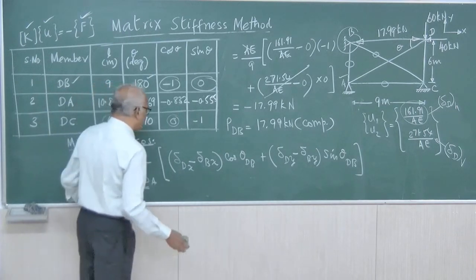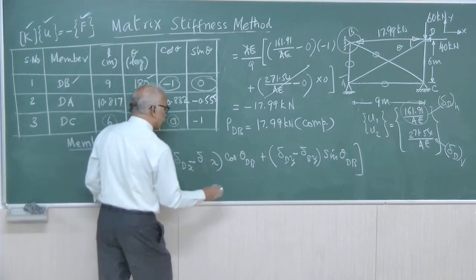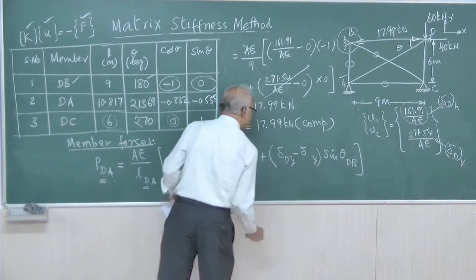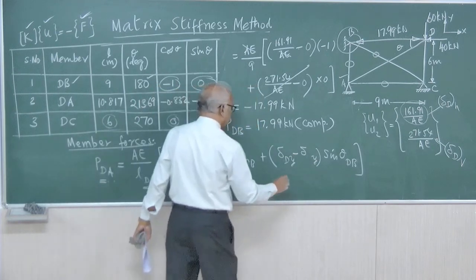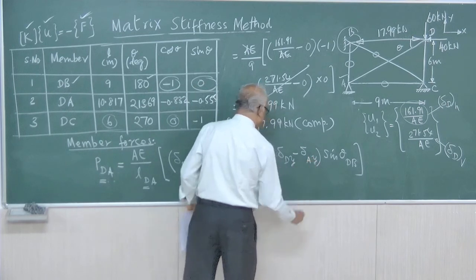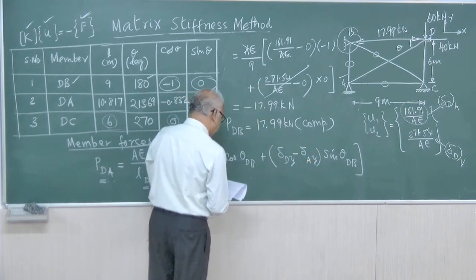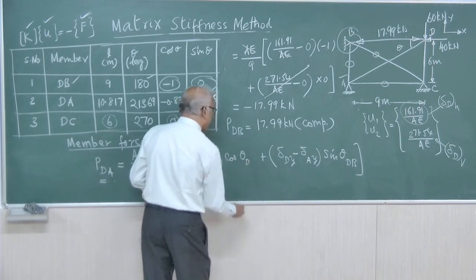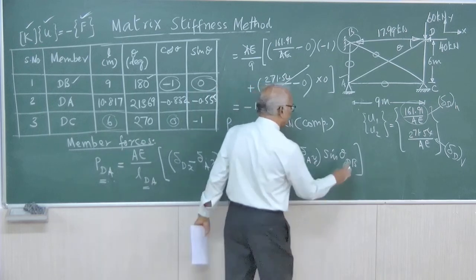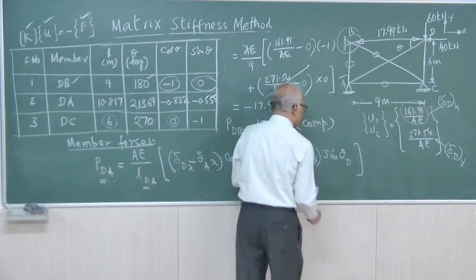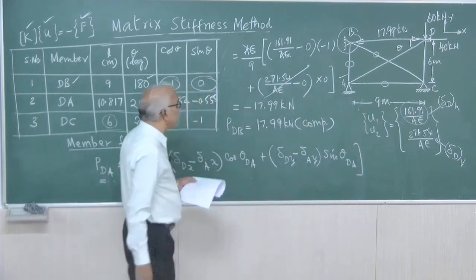Here, first is D, second instead of B, this is A, dA, and this is also dA. And cos theta dB previously, now this is dA, this is also dA. That's all. That is the change. If this technique is known, you can write down the equation for any member.